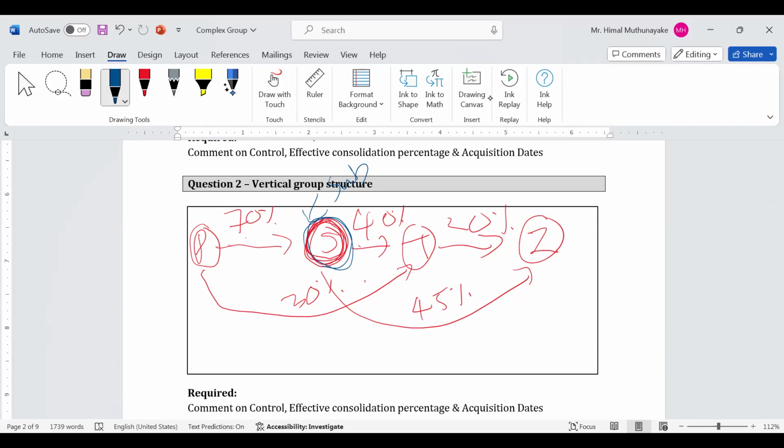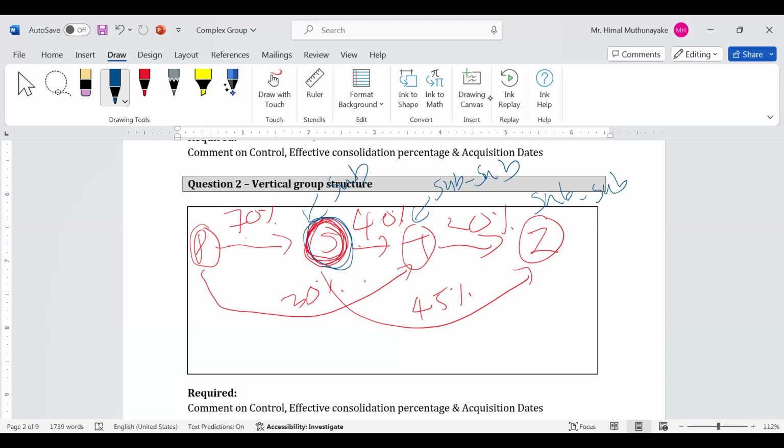So what we need to look at? We need to look at the direct ownership, the immediate ownership, 40% and 30%. That means 70%. That means this is also our subsidiary, right? Then Z. We need to look at the immediate ownership, 45% plus 20%. That means 65%. And this also becomes your subsidiary, right?